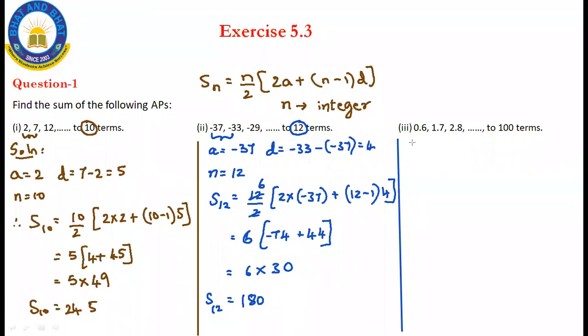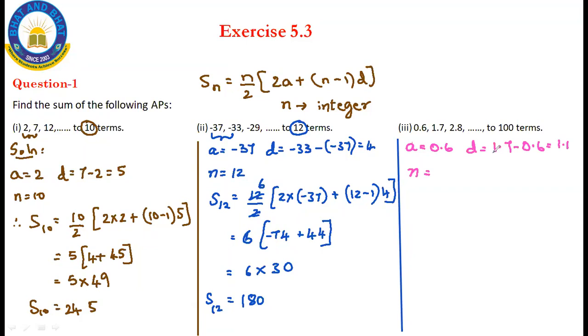So third one, what is A is equal to? A is equal to 0.6. What is D is equal to 1.7 minus 0.6. That is equal to how much? 1.7 minus 0.6. Yes, is 1.1. Then what is N? All of you should message me quickly. What is N is equal to?